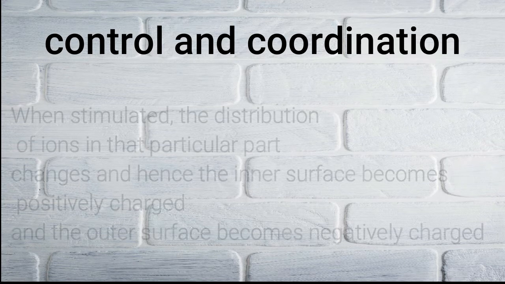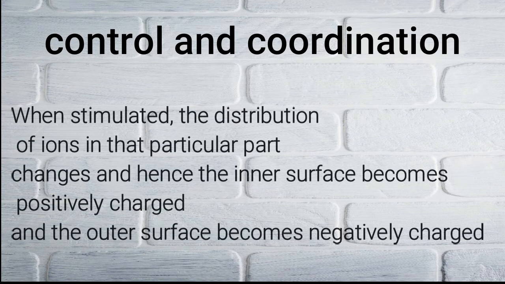Now, what does this mean? What happens when a signal comes? When the neuron is stimulated, the distribution of ions in that particular part changes, and hence the inner surface becomes positively charged and the outer surface becomes negatively charged.